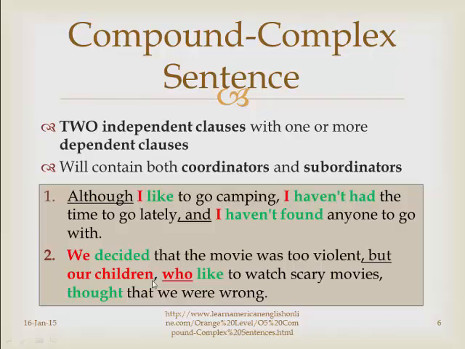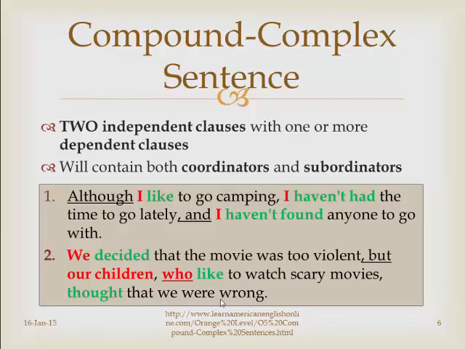Remember how between commas, these are like additional information. Okay, so without this, it would still make sense. Our children thought that we were wrong. This is additional information. So our children thought that we were wrong is actually the second independent clause.